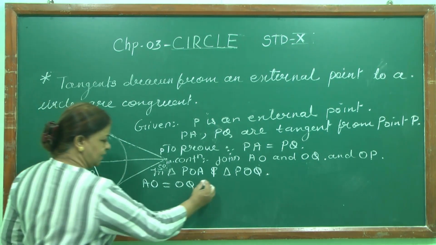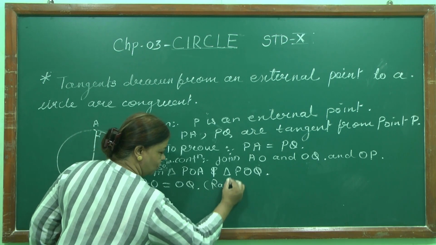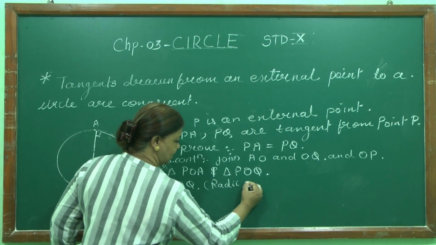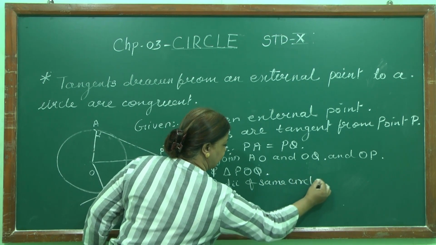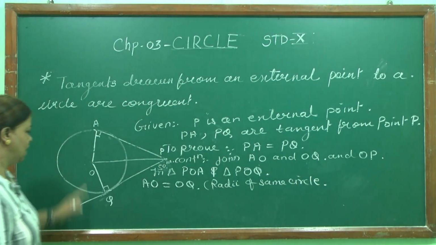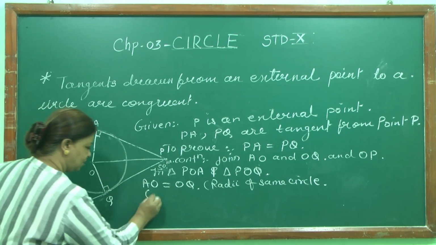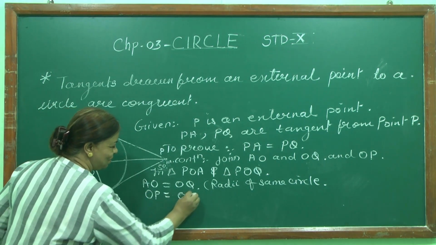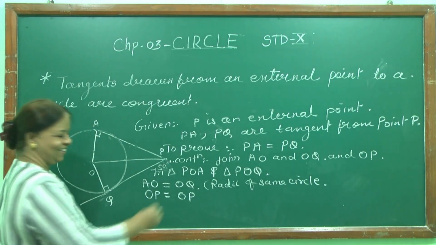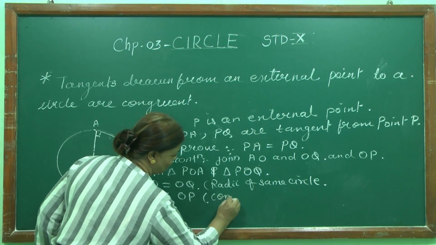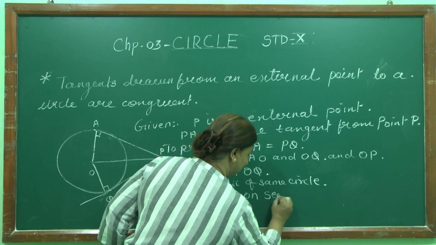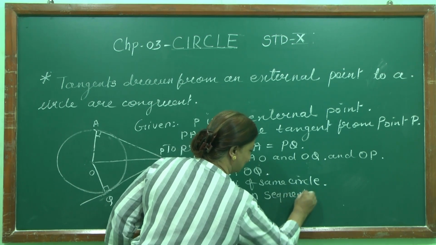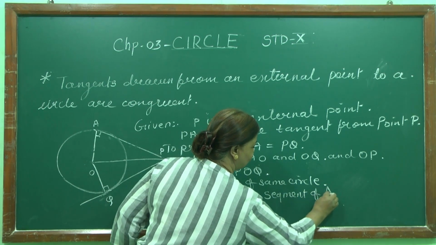Because, yes, correct, they are radii of the same circle. OP is going to be equal to OP, that is common line, a common segment of both the triangles.